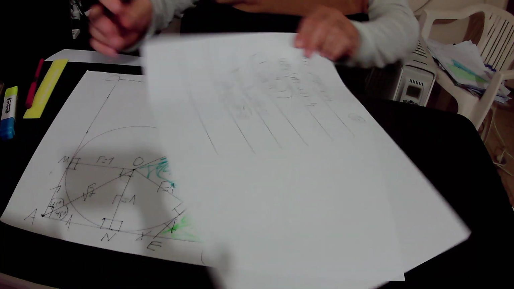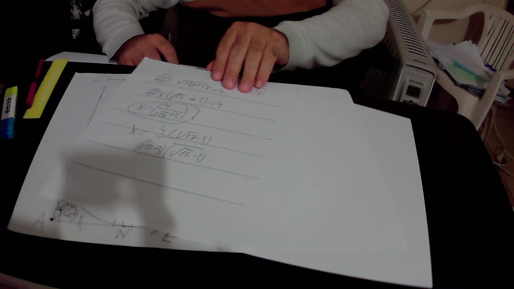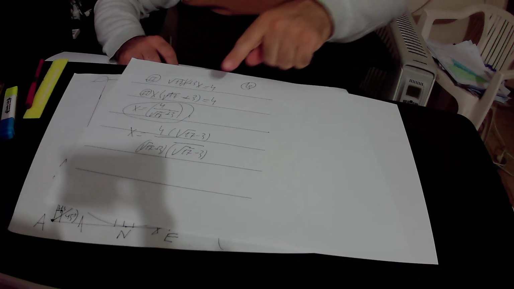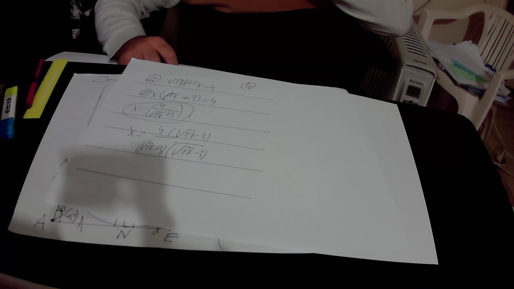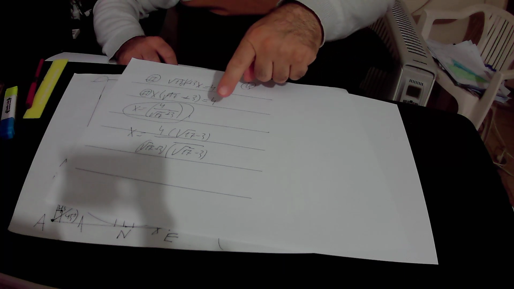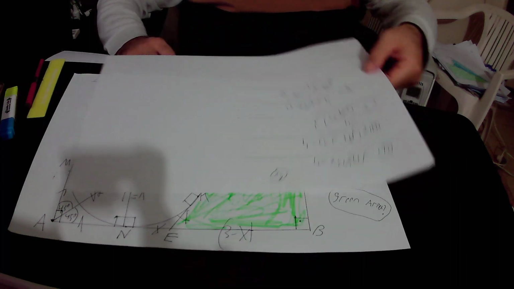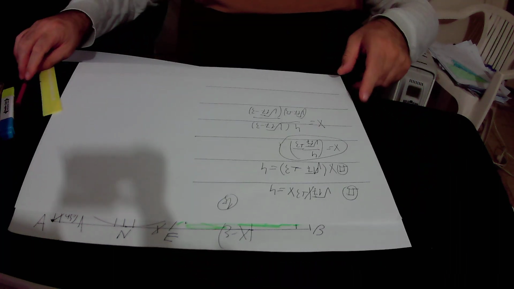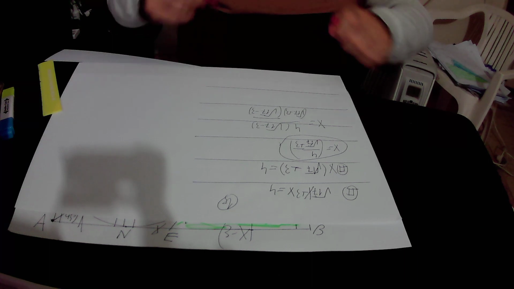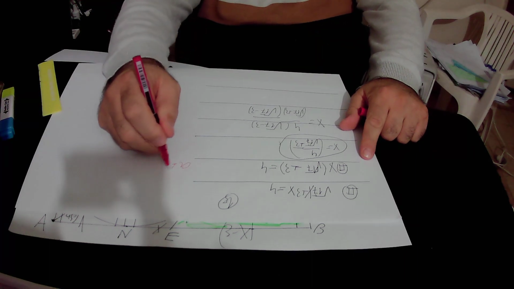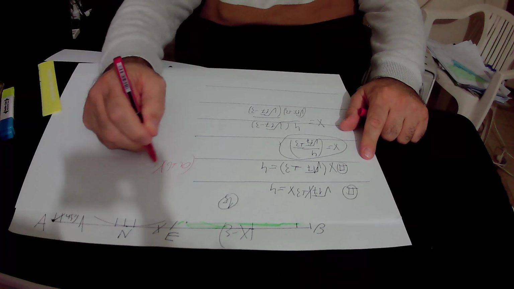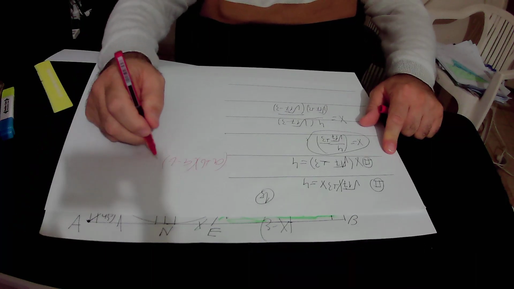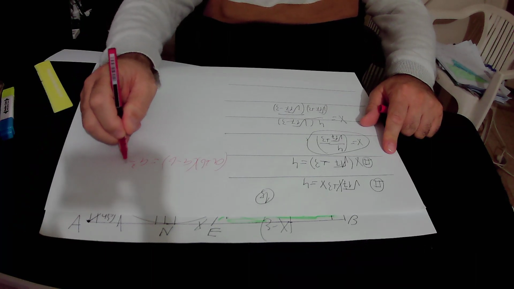So in conclusion, we have this expression. So what is the value of square root of 17 plus 3 times square root of 17 minus 3? We will find out the value of this expression according to the algebraic identity, that a plus b times a minus b equals a squared minus b squared.